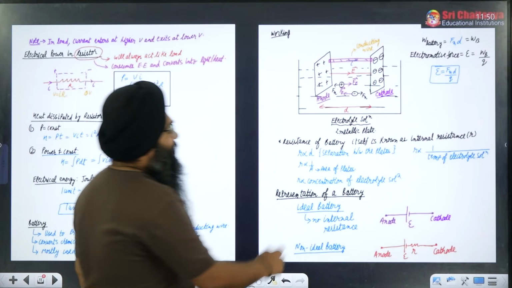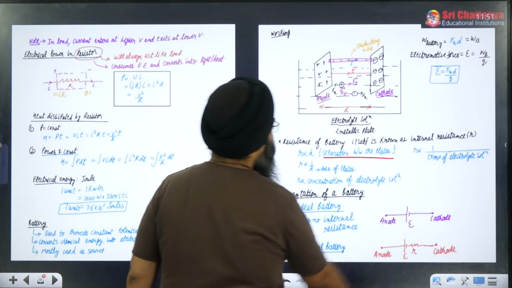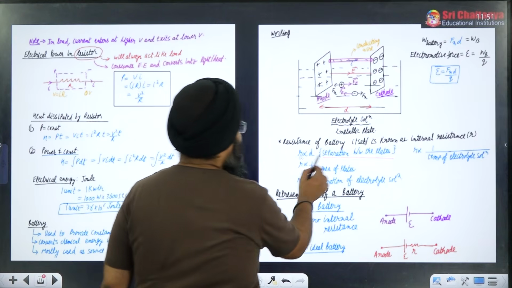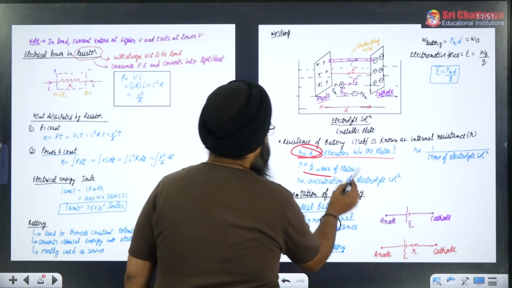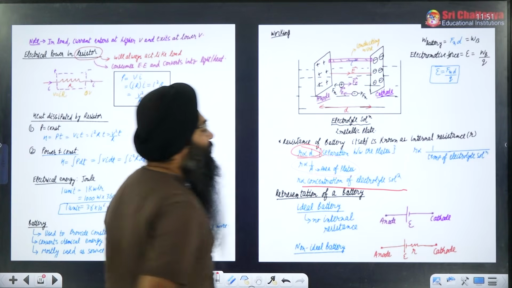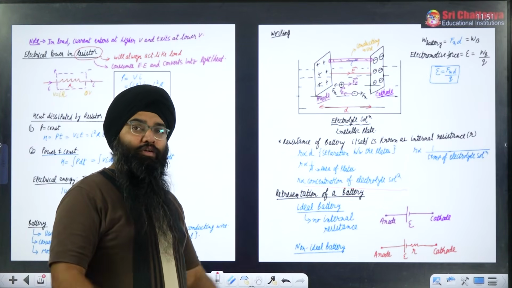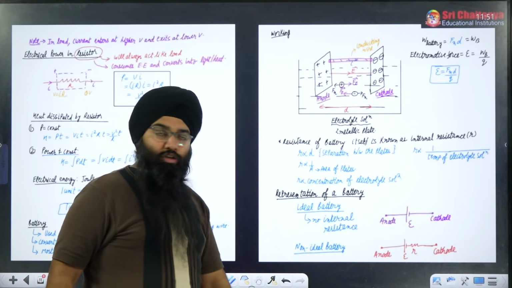The internal resistance depends on a few factors. It is directly proportional to the separation between the plates. It is inversely proportional to the area of the plates, and it is proportional to the concentration of the electrolytic solution. If you take a highly concentrated electrolytic solution, then the resistance will also increase.